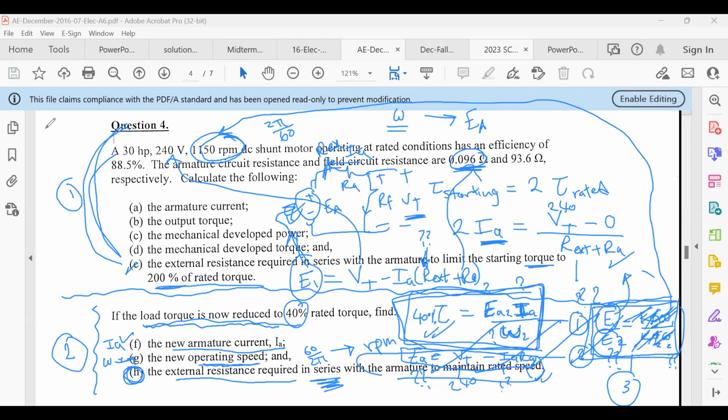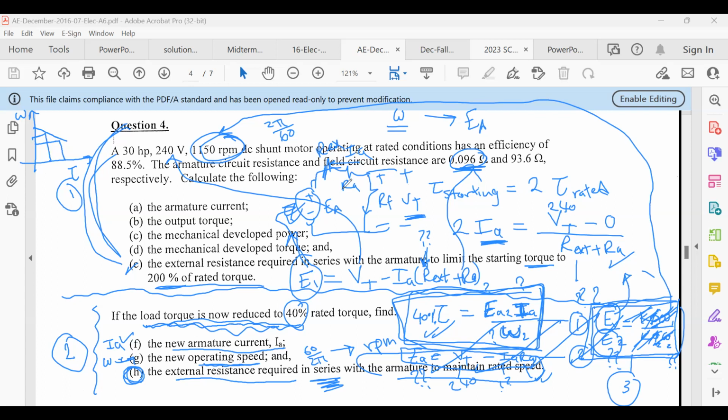By the way, what happened to the speed? If you remember from the last session, it's omega and the torque. With the higher torque, what happened to the speed? It's lower. If you reduce the torque, as we said here, the speed is higher.